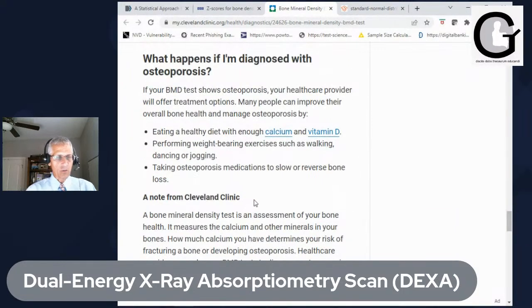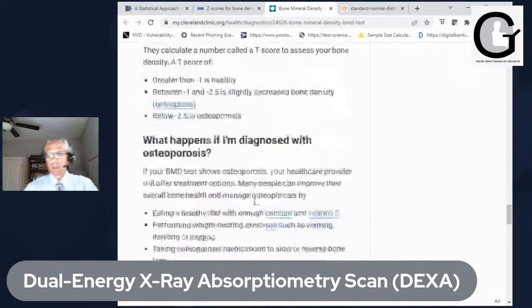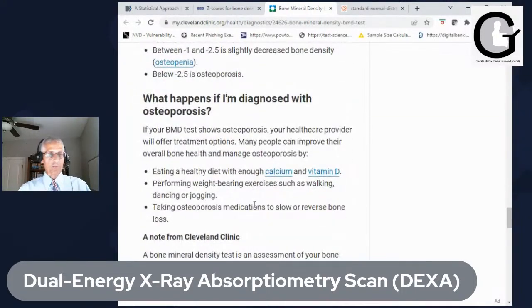Now, I don't want to know anything more about this patient. It's redacted and whatever else. But I think it's interesting to sit there and say, okay, you have osteoporosis based on one score, the lowest score, and in one area, which in this case was the forearm, and that designates individuals with osteoporosis.